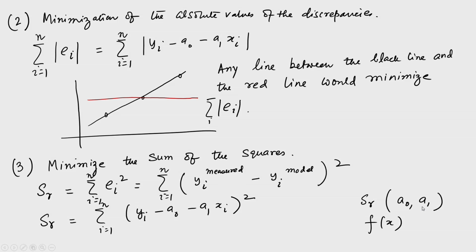It is a two variable parameter space, but that really is not a problem, because we can take a partial derivative with respect to each one of those, A0 and A1, and individually put them equal to 0, so that we know that the derivative of SR is equal to 0.